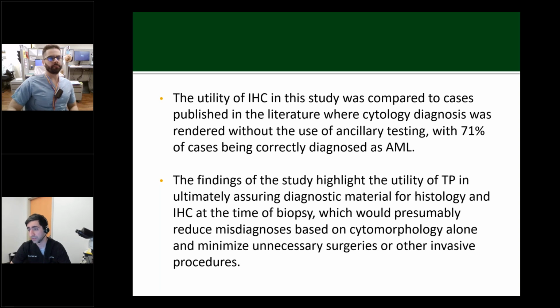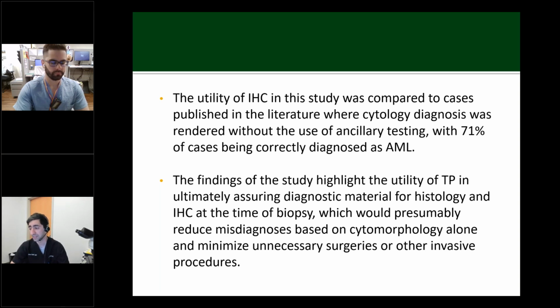The utility of IHC in the study can be compared to cases published in the literature where cytology diagnosis was rendered without the use of ancillary studies such as IHC in 62 cases. Of these, 44 were correctly diagnosed as angiomyolipoma and 11 were favored to be malignant.